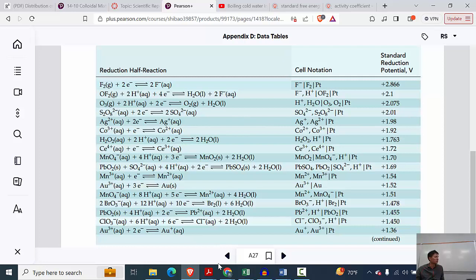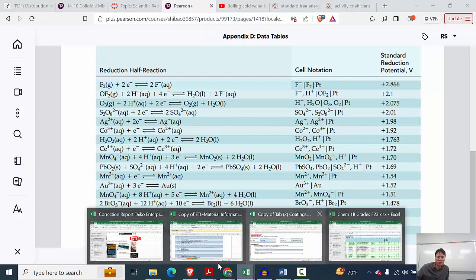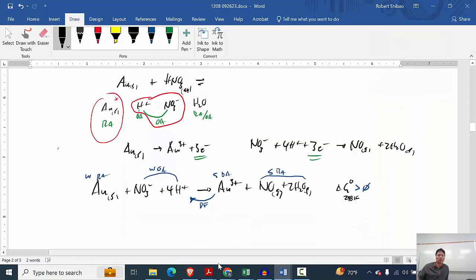This is half voltage here, this half cell voltage. And so the calculation is a little bit more involved. We have to do a couple of steps, but we can get the delta G of formation for this based on that. But we aren't going to do that until we get to chapter 19. So what are we going to do in the meantime? In the meantime, we're going to do this.